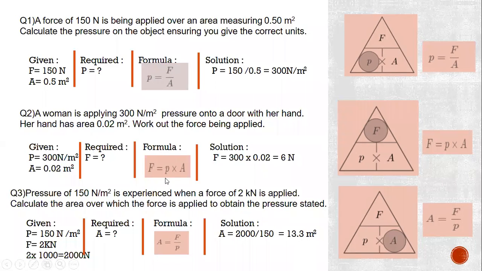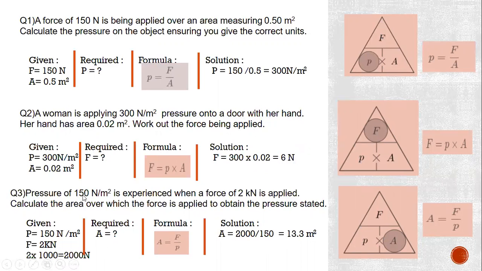F is equal to P into A. If we want to find P, it will be F upon A. If we want to find F, it will be P into A. Or if we want to find A, it will be F upon P. So we can easily apply the formula. Force is equal to 300 into 0.02, that is 6 newton.